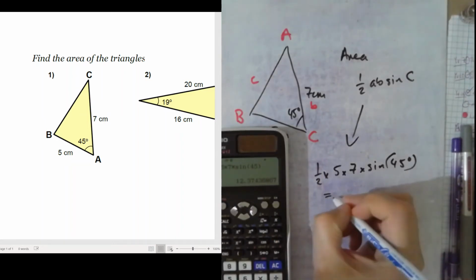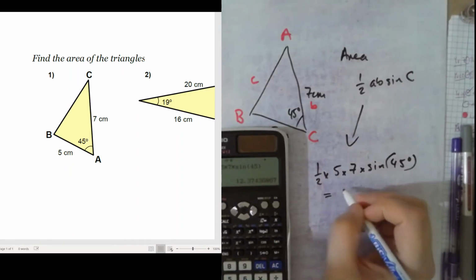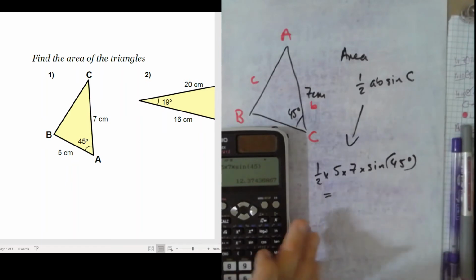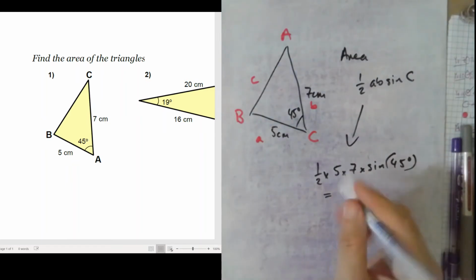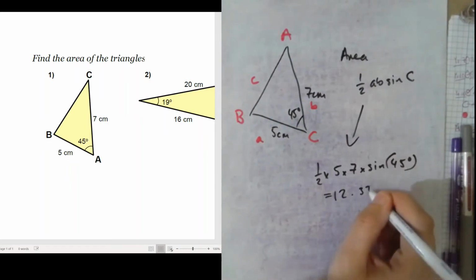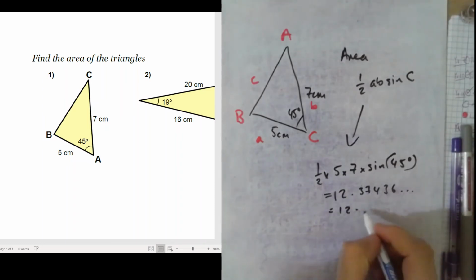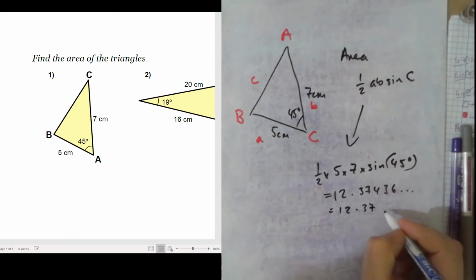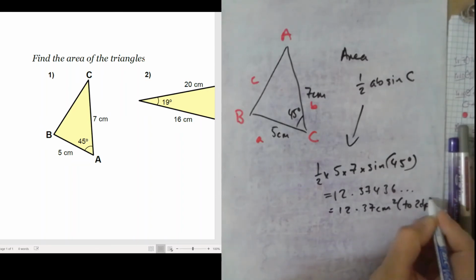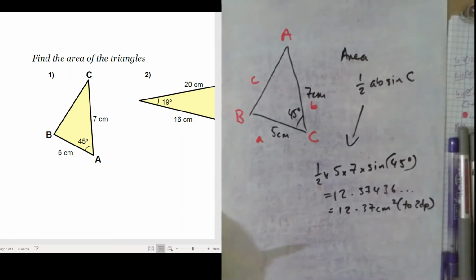So I'm just going to pop in a few numbers and then just do it to 2 decimal places. And remember, it is an area, so you need to ensure you do have centimeters squared in there. Okay? Hopefully that one was A-okay.